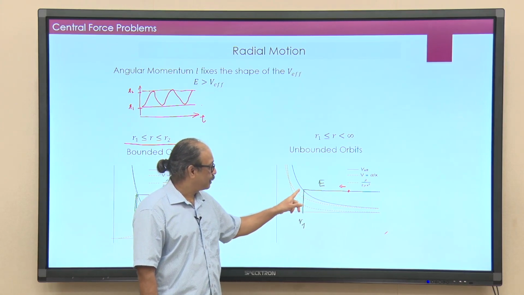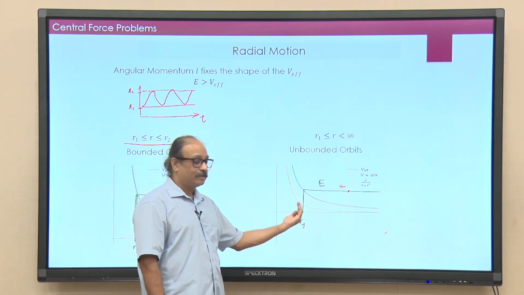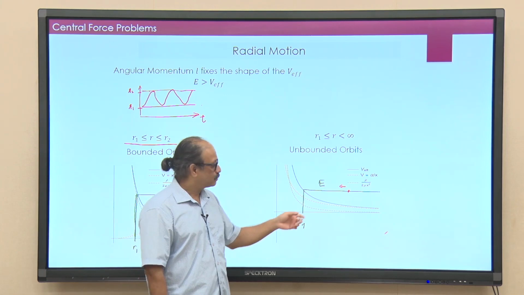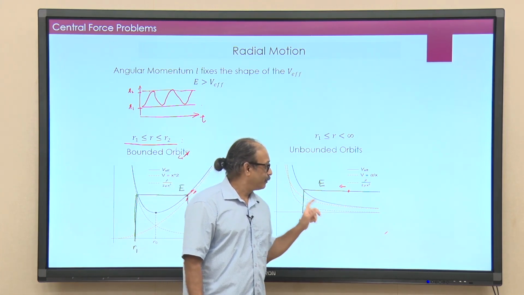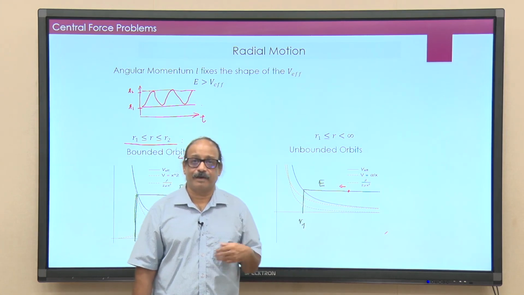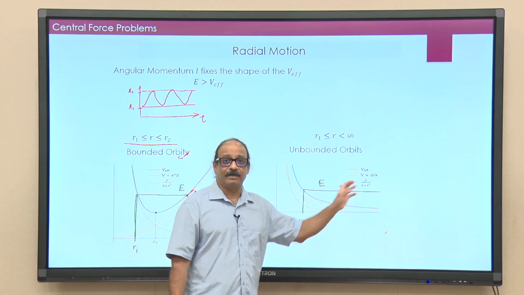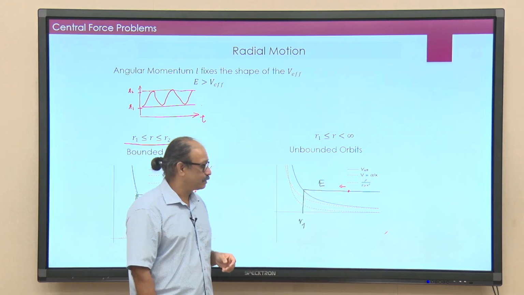This would come all the way up to this point where there is again a turning point, because to the left of r1, E will be smaller than V effective. So, this particle cannot go there. So, there is a turning point here. Once it turns, r dot becomes positive, and after that r dot remains positive, it will go all the way to infinity, there is no stopping.